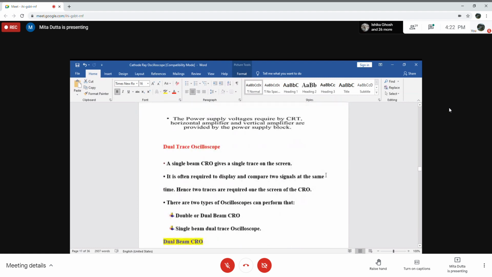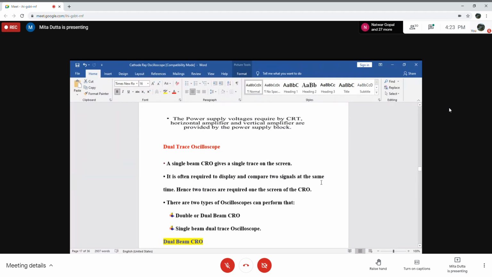Now we have a dual trace CRO. Sometimes we need two signals to be presented at the same instant of time on the CRO screen. So far, if we have a single vertical deflection system, a single horizontal deflection system, and a single electron gun, we can display one signal at a time only.